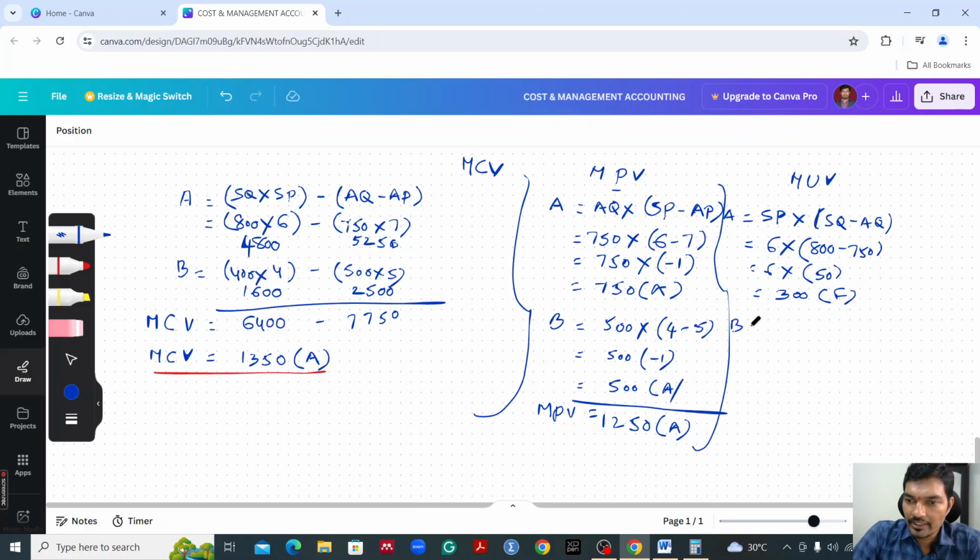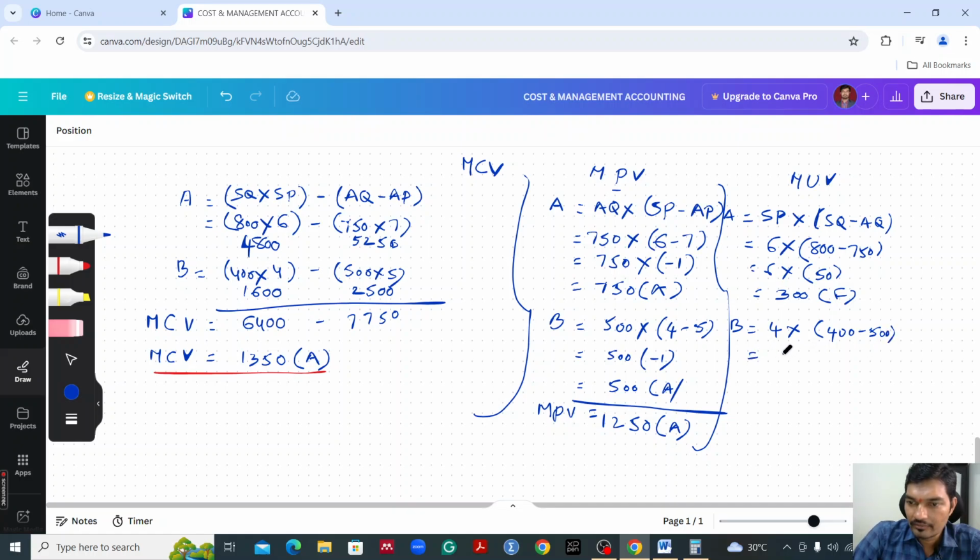So coming to material B, standard price for material B, 4 rupees into standard quantity 400 minus the actual quantity for material B, 500.